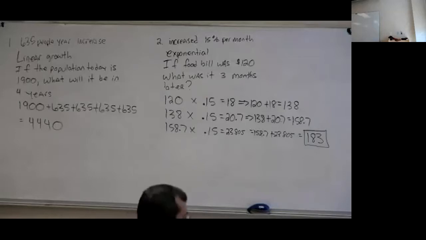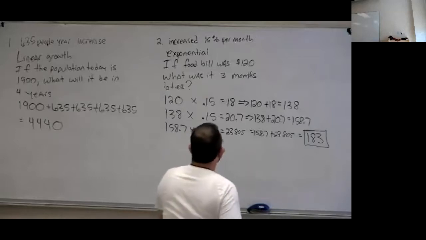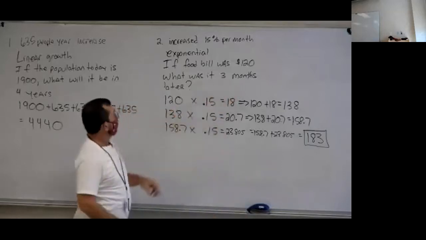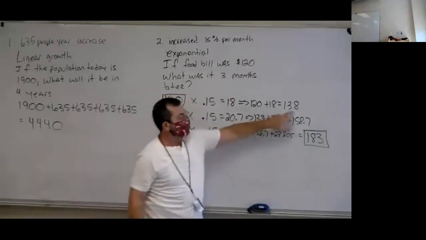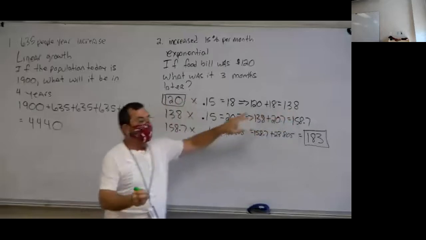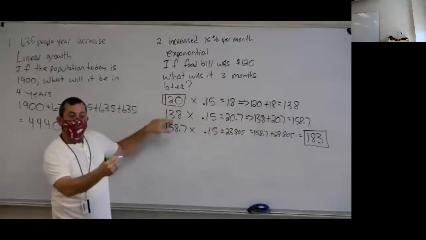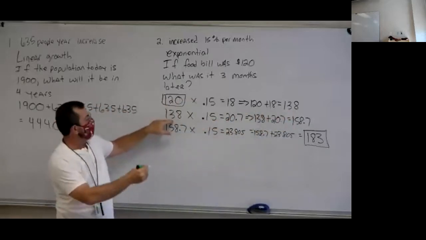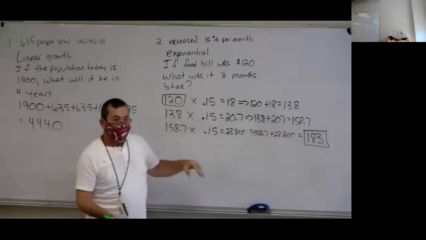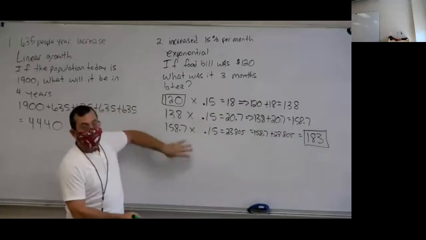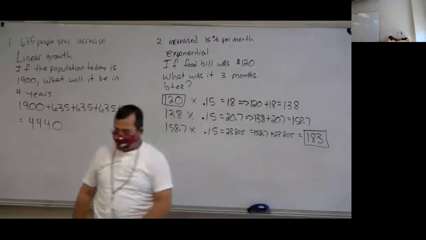I have a question. So did you do it 3 times for the 3 months? Uh-huh. Because here was my starting amount for month 1, and after 1 month, it went up to 138. Then 138 was my starting amount for the second month. After I did all my increases, I went up to the 157. Now, if I had another month, I'd bring my 183 down here and start all again, okay?